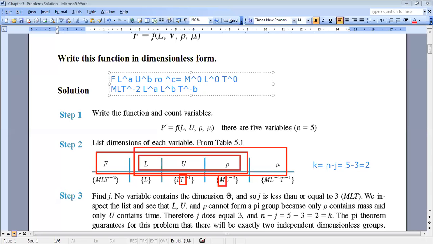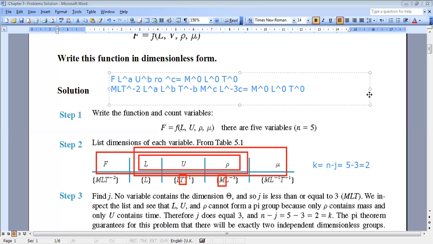Now times rho to the power c. Rho is m l to the power minus 3. So it's m to the power c times l to the power minus 3c, equals from the other side m to the power 0, l to the power 0 and t to the power 0.